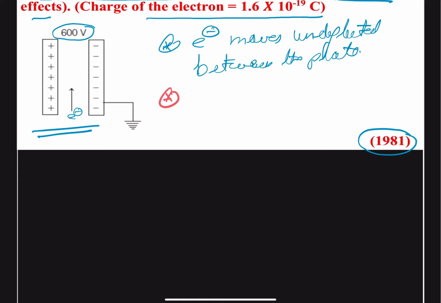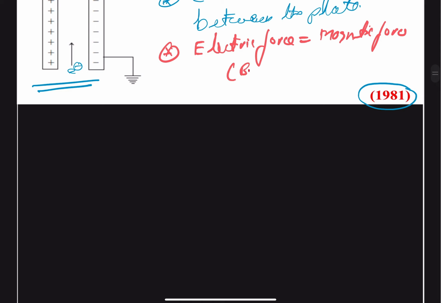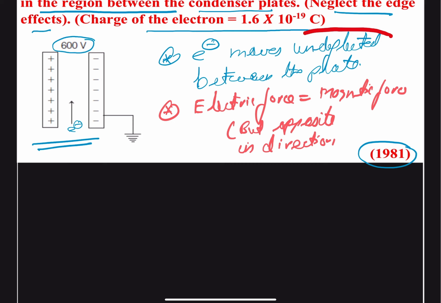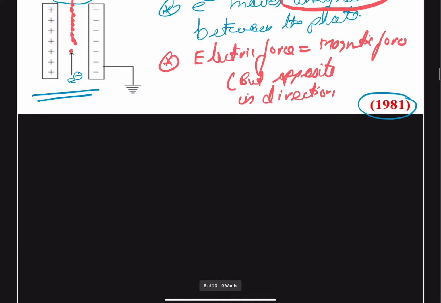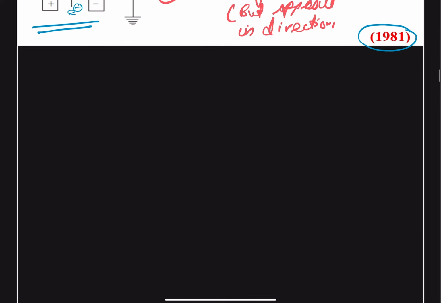So the electric force is equal to the magnetic force but opposite in direction, because under this condition only the electron will move undeflected. That means it will go straight along this path. So first of all, let's find out what the electric field between the plates will be.